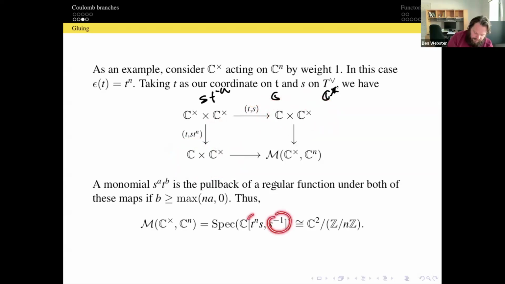So I get S inverse and t to the n s, and you can work out that actually spec of that is C^2 mod Z mod n.